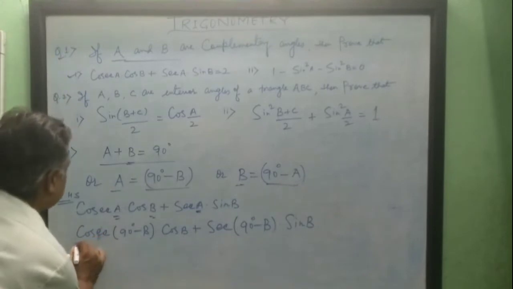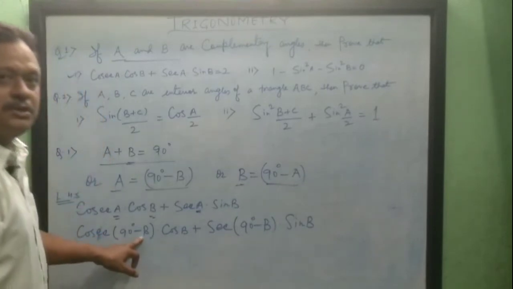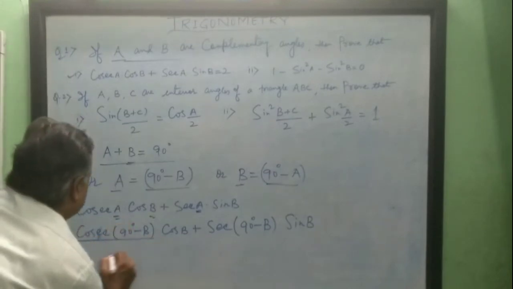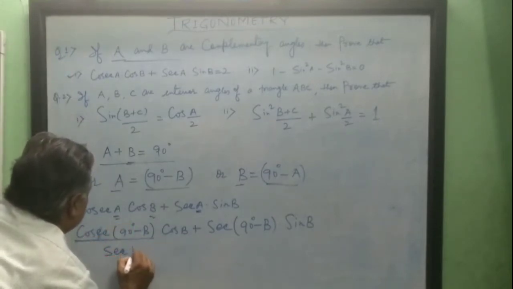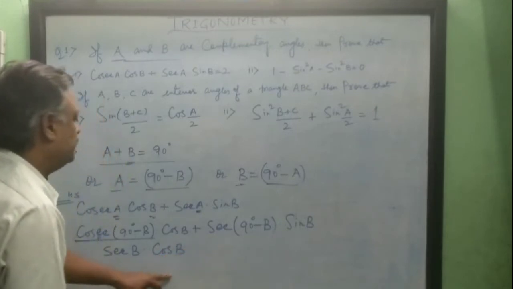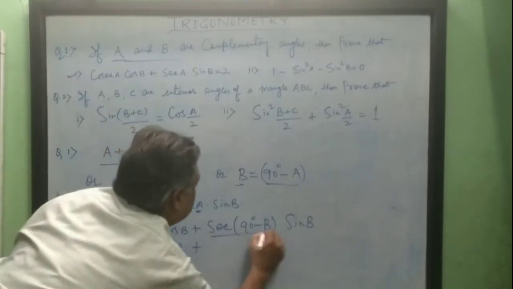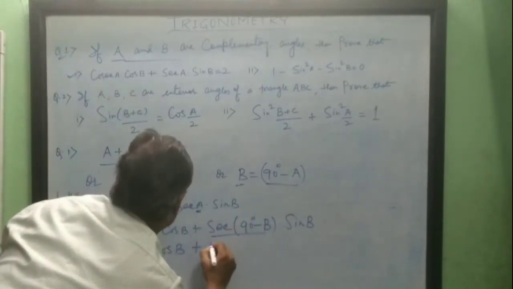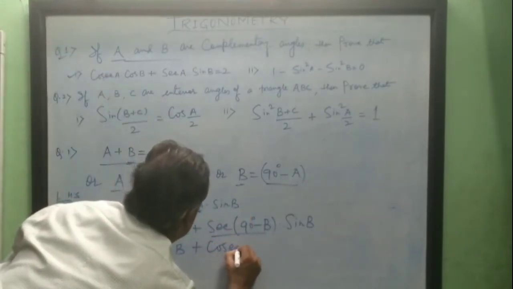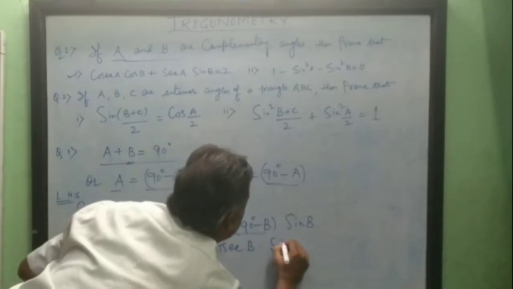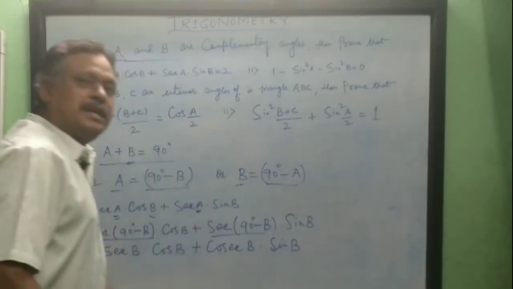Now cosec 90 minus B is equal to sec B, so this is sec B into cos B will remain as it is. Sec 90 minus B is cosec B into sin B will remain as it is.